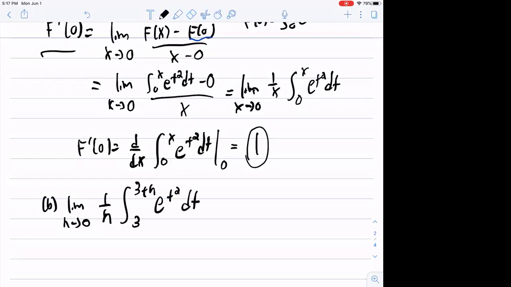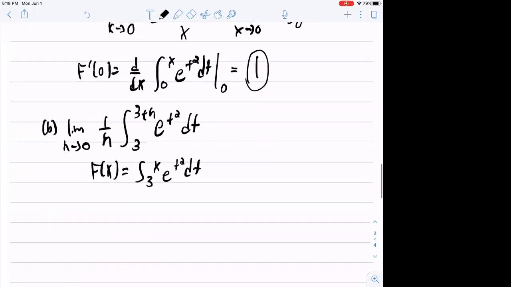So again, let me think. If I let F of x be the integral from 3 to x of e to the t squared dt, then F prime at 3 has a separate limit definition, given by this.